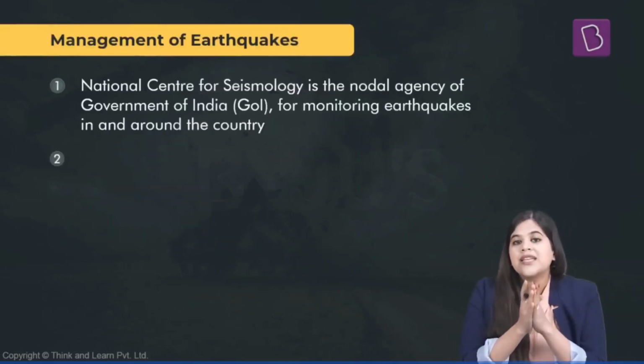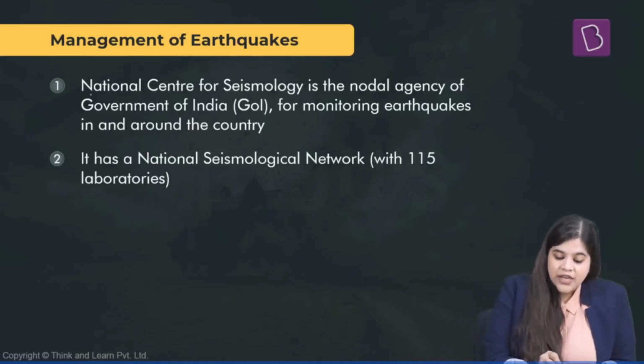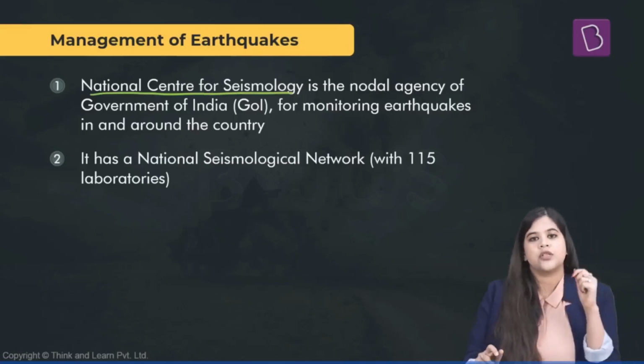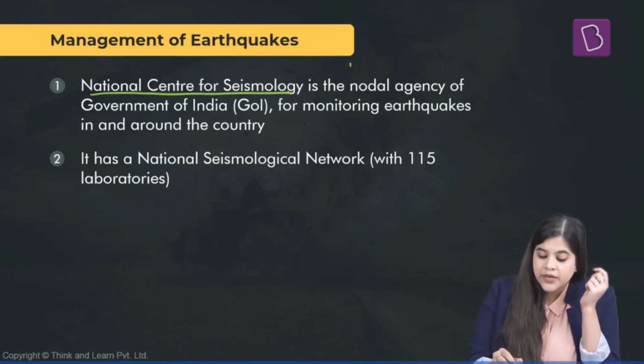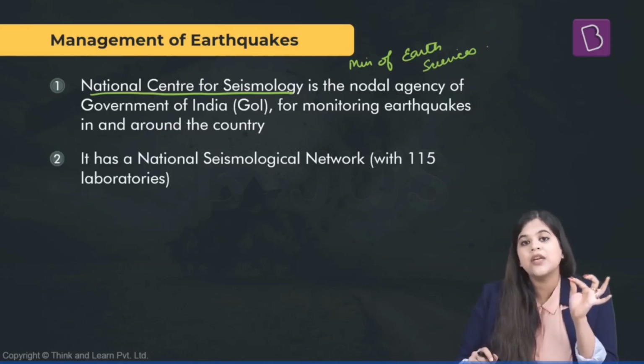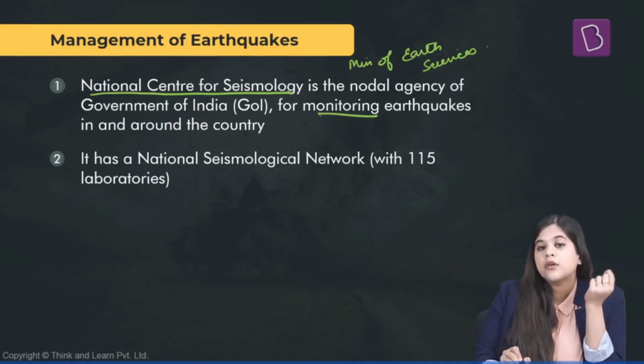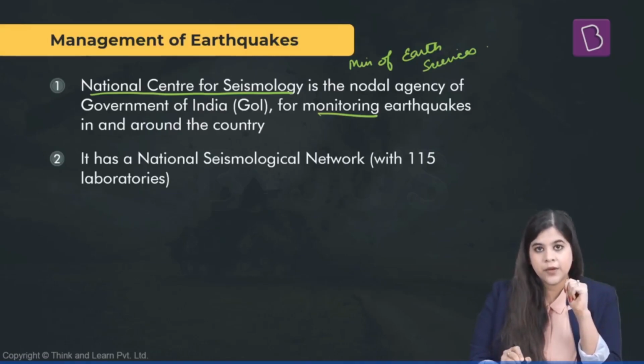Now, how are earthquakes managed in India? We have a National Center of Seismology under the Ministry of Earth Sciences, which has been declared as the nodal agency when it comes to monitoring of the earthquakes in and around the country.